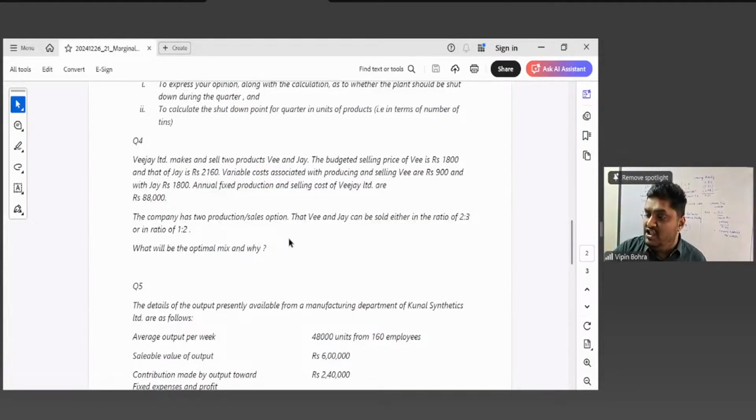The annual fixed production and selling cost of Vijay Limited is 88,000. The V and J can be sold either in the ratio of 2:3 or in the ratio of 1:2.